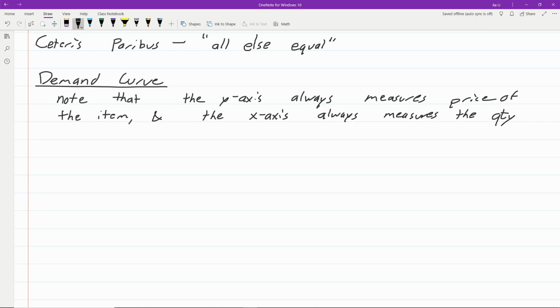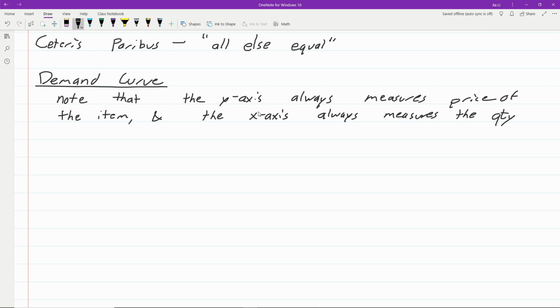That's not due to any logical reason. You could flip it. In theory, you could flip it so that the x-axis measures the price of the product, and the y-axis instead measures the quantity. And that would be perfectly valid mathematically and logically.